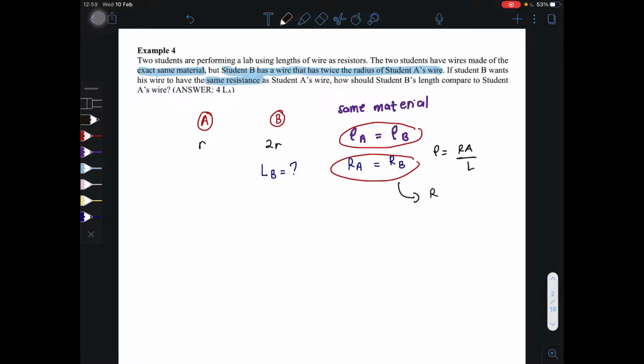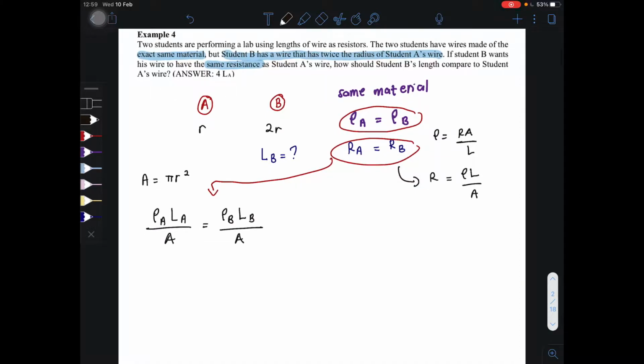So we rearrange this formula, R is equal to resistivity times L divided by the area. Because this one is a wire, the area of the wire will be πr². Using this information, resistivity of A times LA divided by the area is equal to resistivity of B times LB divided by the area.